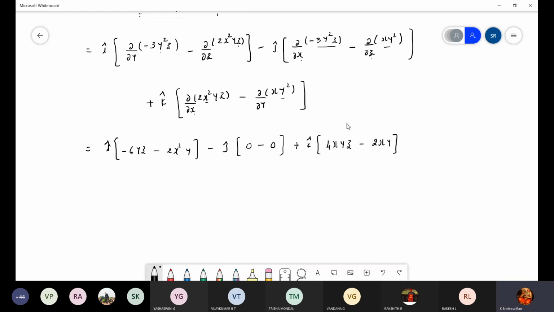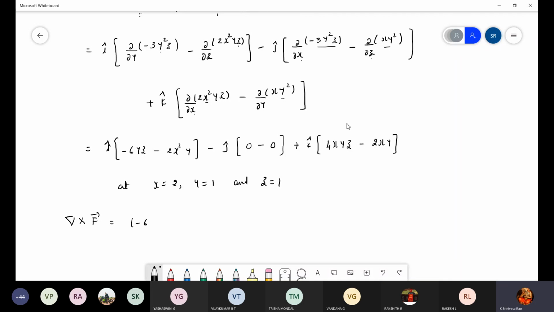So let it be. Now at x equals 2, y equals 1, and z equals 1. Is it right? The numbers 2, 1, 1. So substitute, what is curl f? Curl f equals, yes, what will you get for the first one? Minus 6 into yz is minus 6, no?